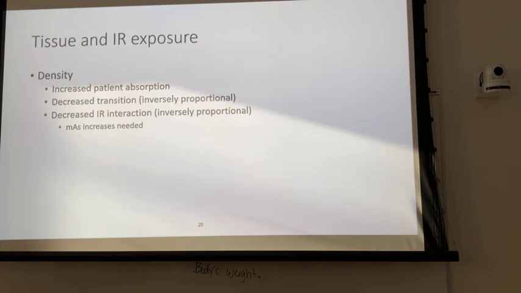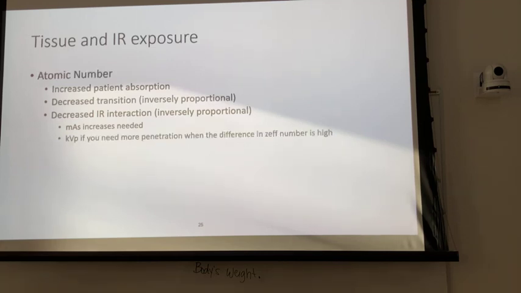And we need to increase our mass in most cases, but the difference is that with the increase in density, what we get in a lot of cases is an increase in contrast. With the increase in tissue thickness, in a lot of cases, what we get is an increase in scatter radiation. With increase in density, we get an increase in differential absorption, and we can actually see the tissue types better.